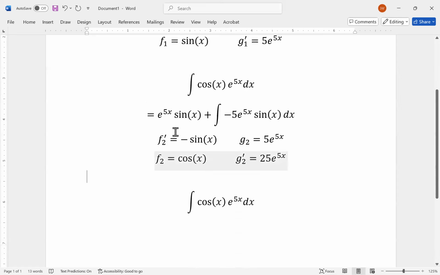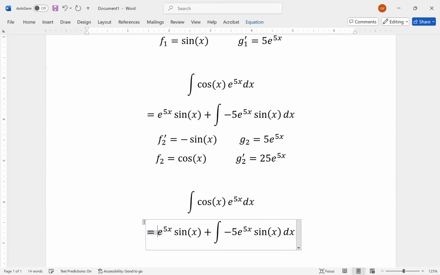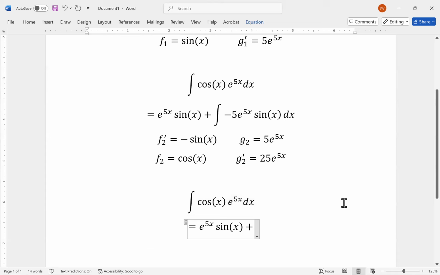So that means this original integration that I was trying to find is equal to e to the 5x sine x plus, okay, now we do f times g.